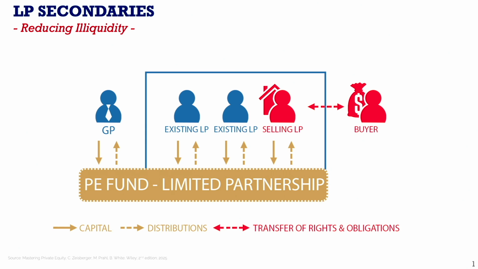In our case, in a straightforward LP secondary, the new buyer will take over all the rights, all the obligations. So in future, he will be the one who will respond to capital calls by the GP. That's an LP secondary. Basically reducing the illiquidity, the natural illiquidity that private equity has in its primary funds for the LPs.